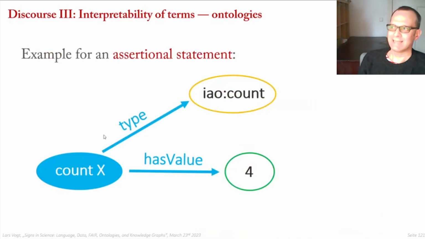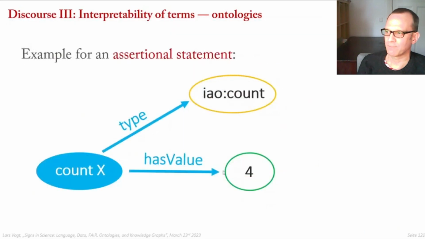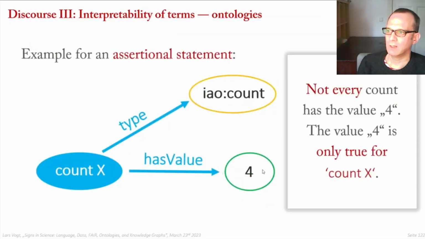So here we have an example of an assertional statement. We have here an individual that is an instance of the class count, which is taken from exactly this ontology, the information artifact ontology, IAO. And it has a value 4. Now, not every count has the value 4.